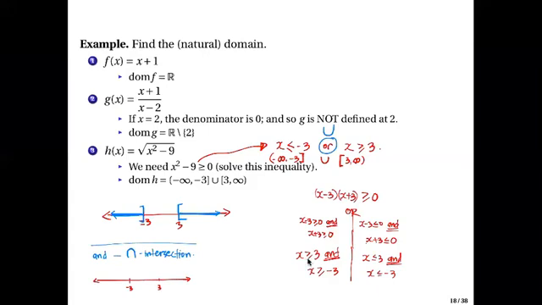We have here x greater than or equal to 3. That one is this part. So you have this 3 here, and you want all x's greater than 3, so you are going to the right, or this ray points to the right.